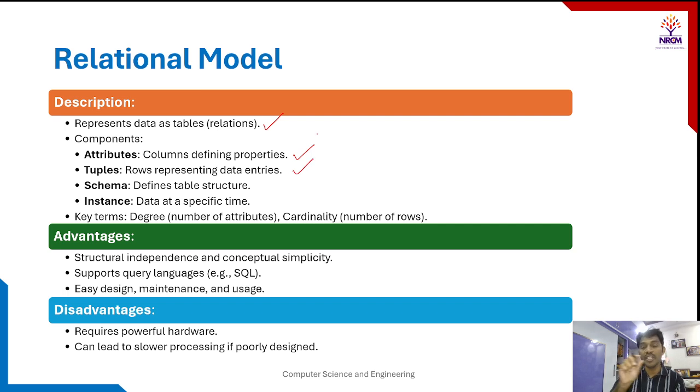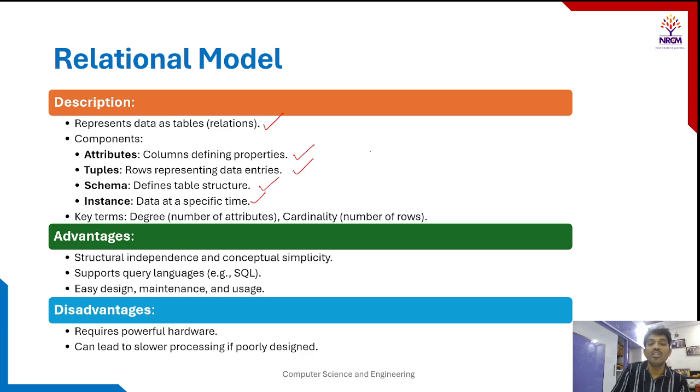Each record, each row is called a tuple, and the schema. Schema defines how one relation, one table, is going to connect with the other table. And the instance is the object of the given relation, the data at a specific time, the specific time for the given record.